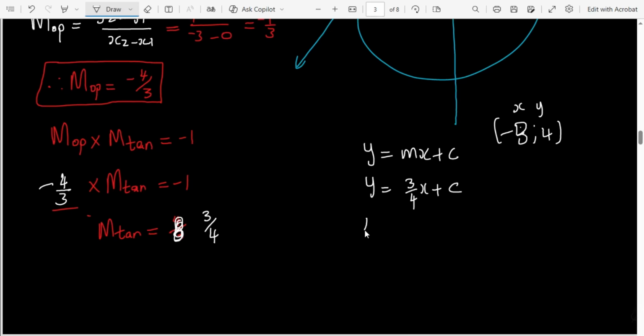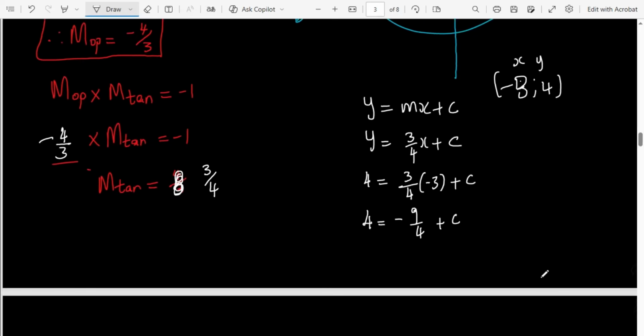That's why we put 4 equals 3 over 4 into x, which is minus 3, plus c. So this is the same as saying 4 equals minus 9 over 4 plus c. Then we need to bring this to the other side. We need to write this as 4 plus 9 over 4 is equal to c.